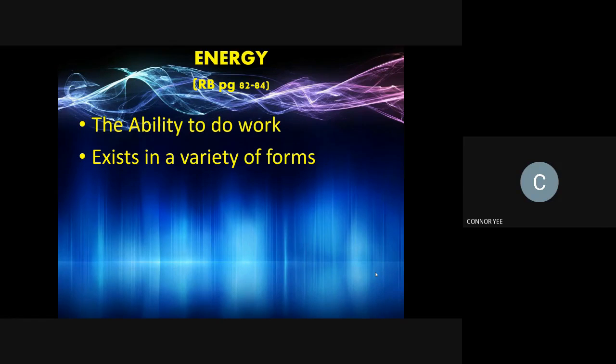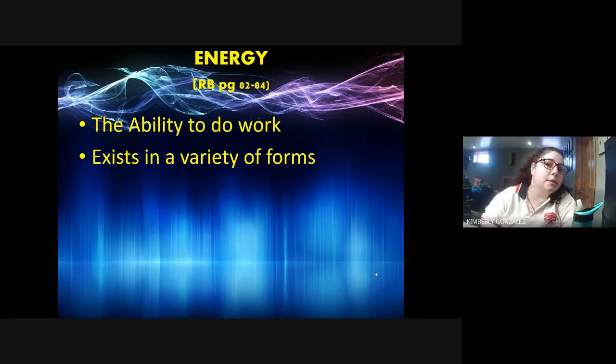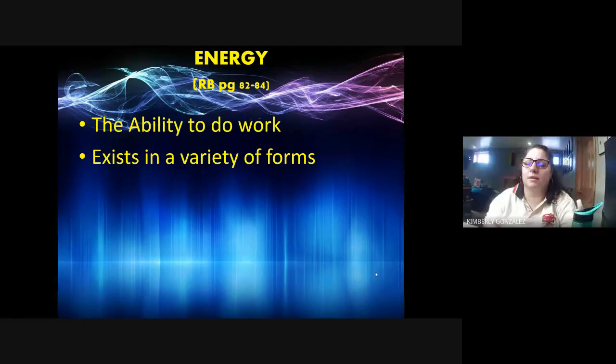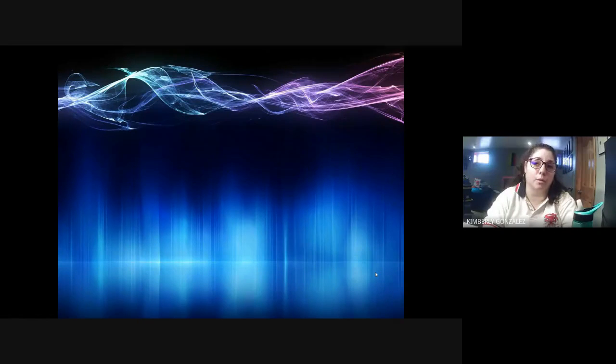Nuclear. Mechanical. There's one other one you learned in this class that you can't remember. Radioactive? Sort of, yeah. Starts with a P. Potential. There you go. Potential energy. Very good. Remember, this is review.